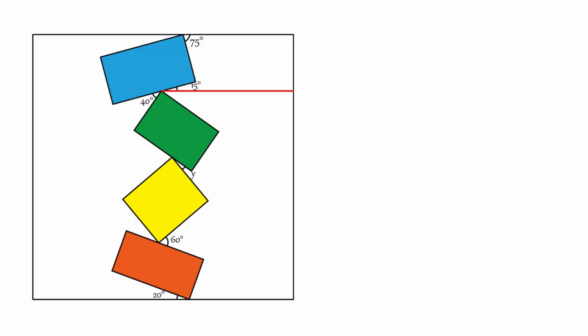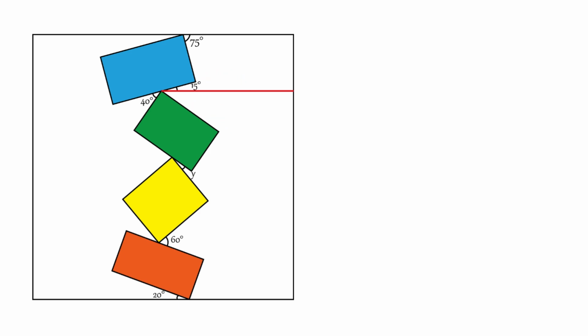Step 3. Finding another angle. Now, let's carefully look at the intersection between the blue and green rectangles again. Notice we have four angles around that intersection: 40 degrees, 90 degrees, 15 degrees, and one unknown.